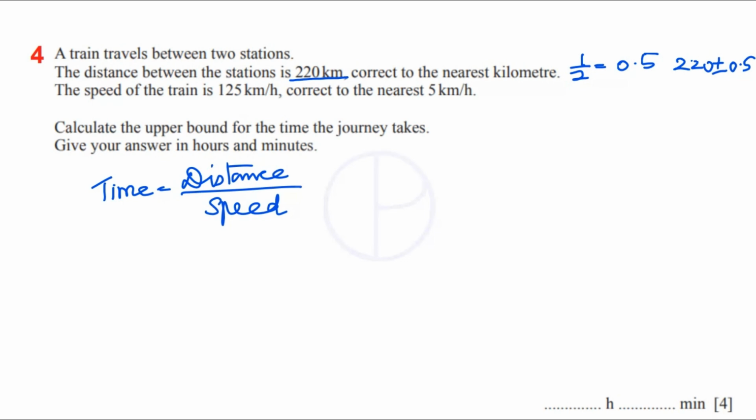And speed of the train is 125, correct to the nearest 5 km. 5 divided by 2 is 2.5. So 125 plus or minus 2.5.